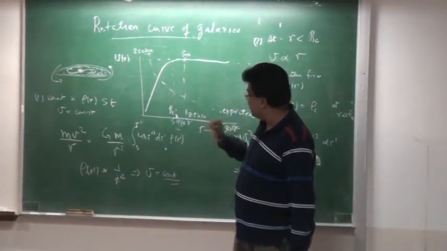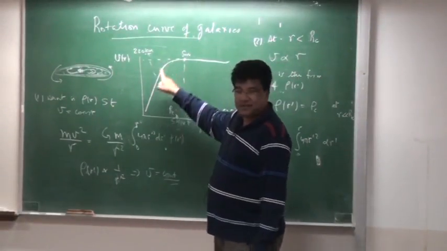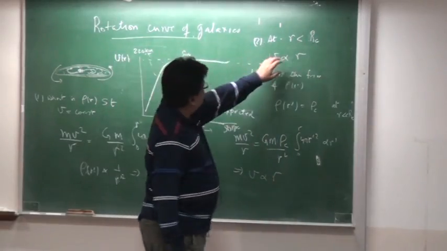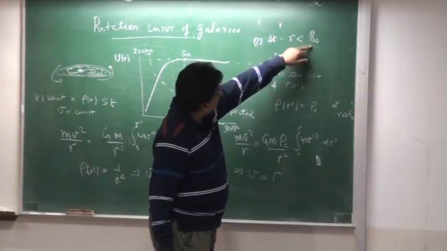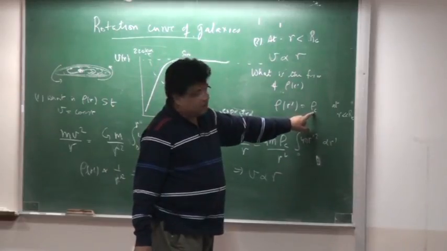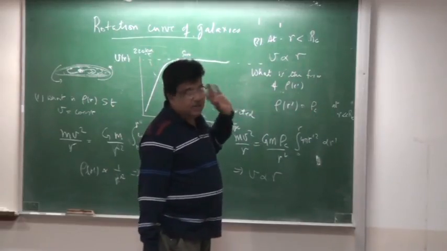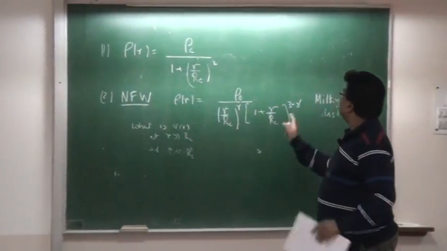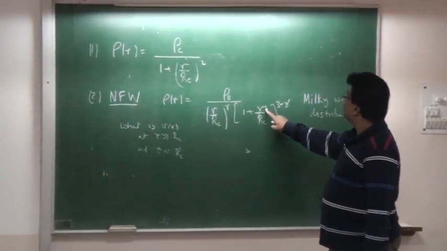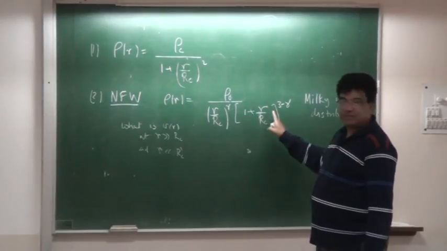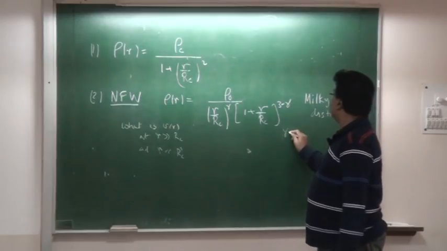So here, as I said, V should go as, for V at small distances, rho should be rho C. This is only if the dark matter is there. But when this is constructed, when R is small, this is just gamma, and gamma is actually 1.